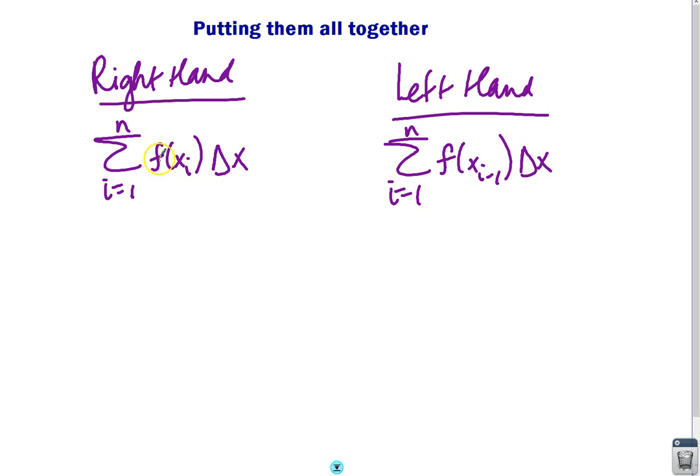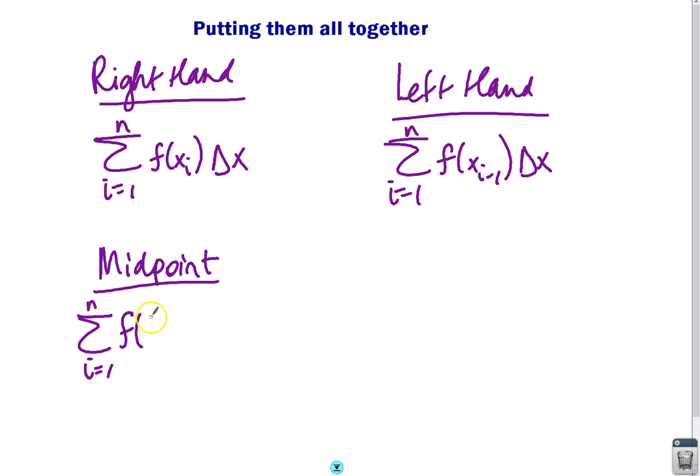Okay, this is implying you're on the right side. This is implying you're on the left side. Okay, we had midpoint. Essentially, you are finding the averages of your x values and then plugging those in. So f of xi plus xi minus 1 over 2 times delta x.